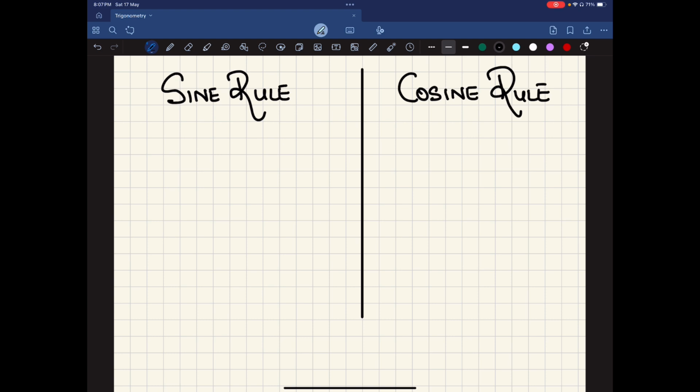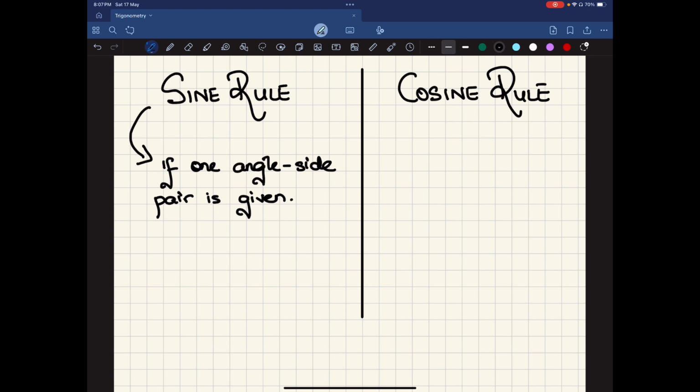Okay, so you can apply the sine rule only if one angle side pair is given. So this rule can only be applied if a complete angle side pair is given to you.